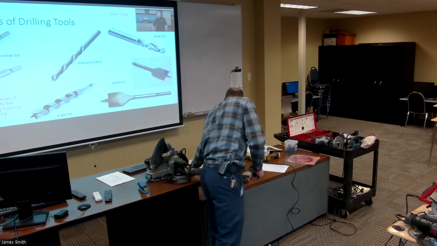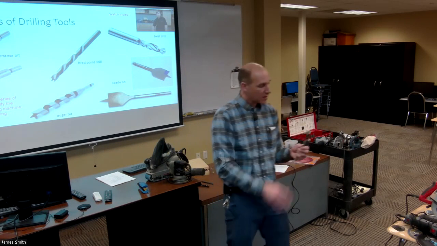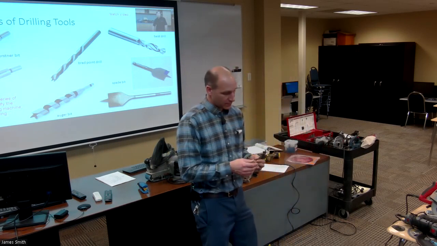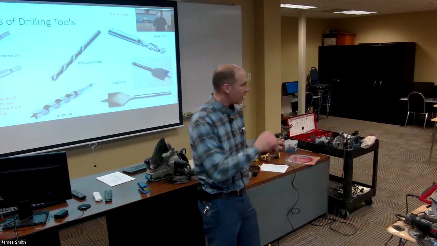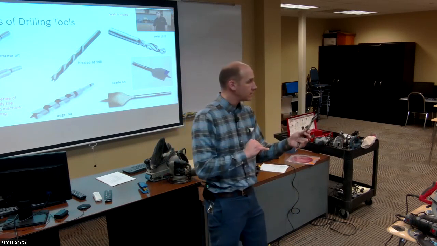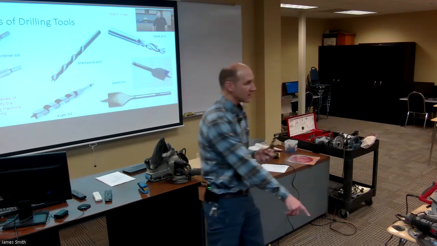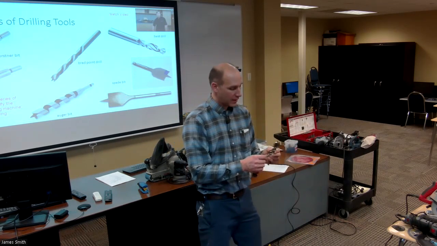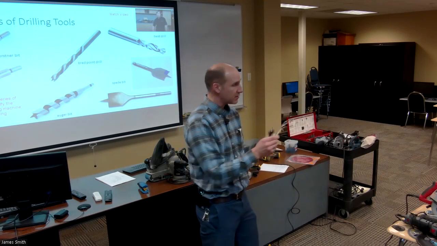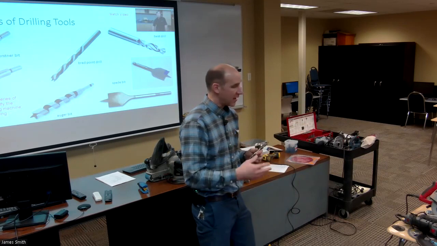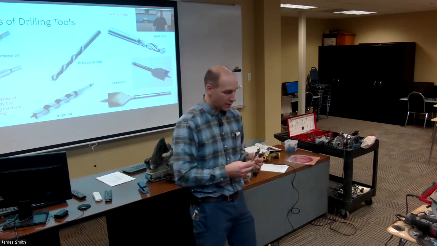These auger bits, generally, when I'm talking about an auger bit, I'm talking about a bit that has a screw feed. This would be another application where you need a drill with a slow speed and high torque, because the rate at which these bits remove material is very fast, and there's a lot of force required.